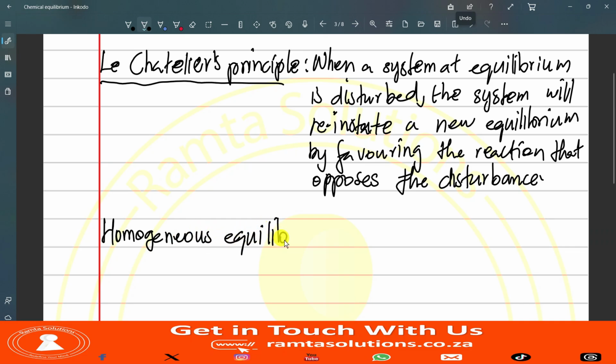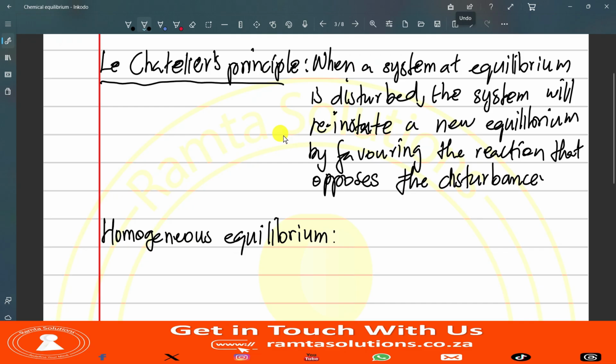By now, you know, whenever you see homo, it means things of the same kind. Hetero means two different kinds. So what is homogeneous equilibrium? You guys now have an idea, right?